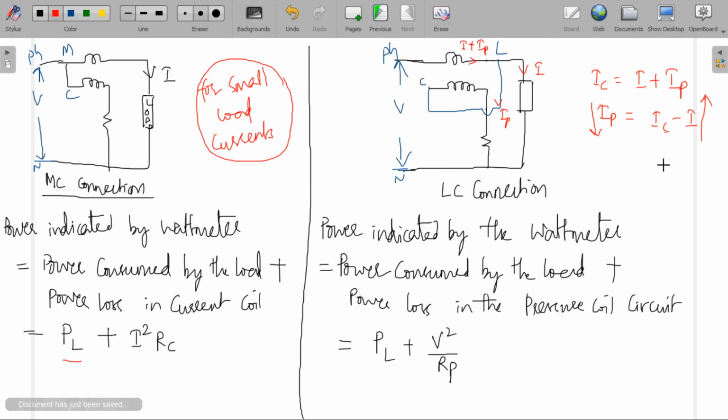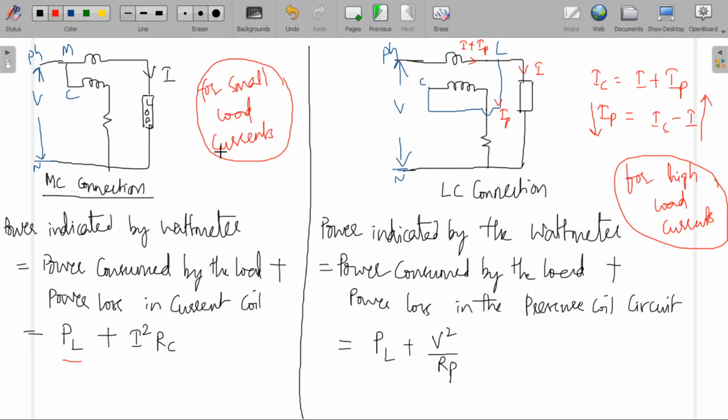So this connection is preferable for high load currents. For light or small load currents, the other connection is preferable. If the load current is large or high, then this connection is preferable.